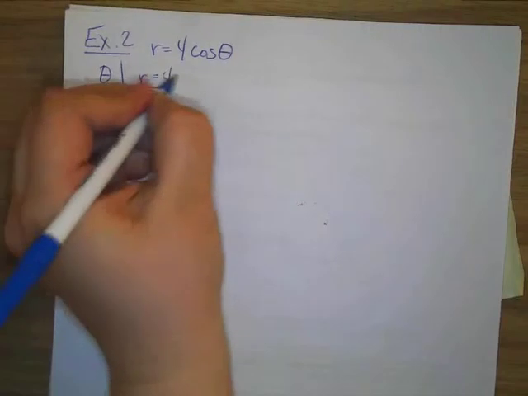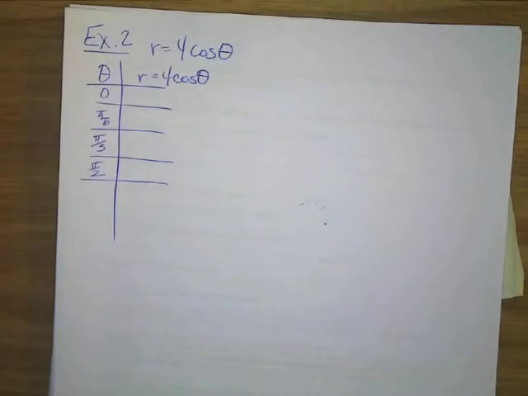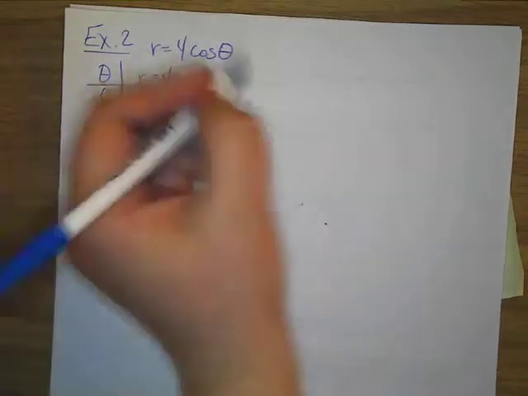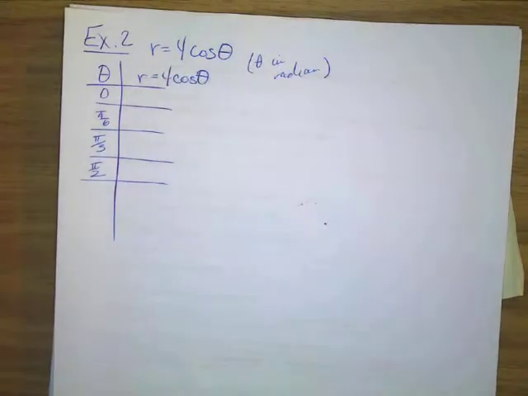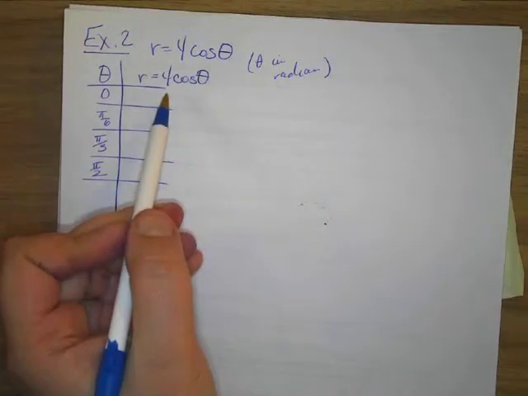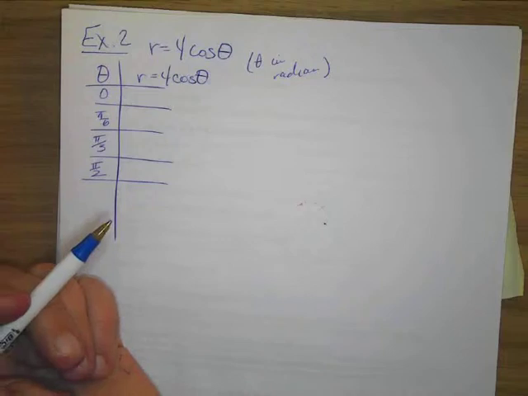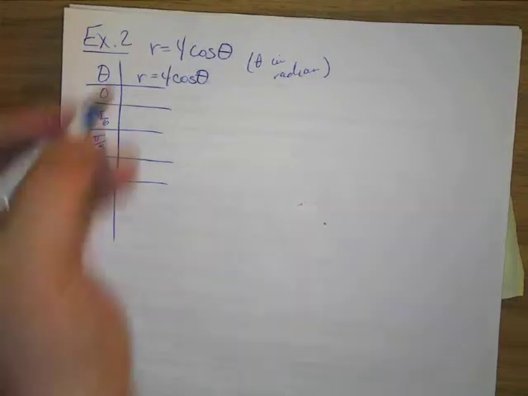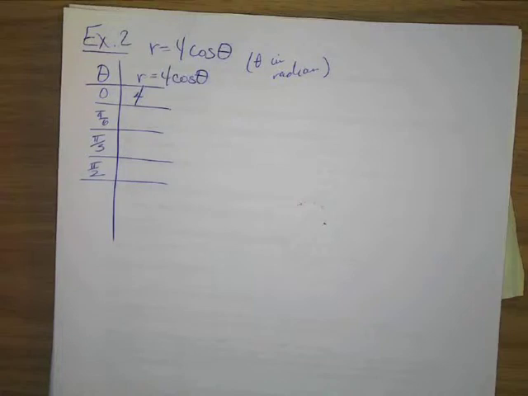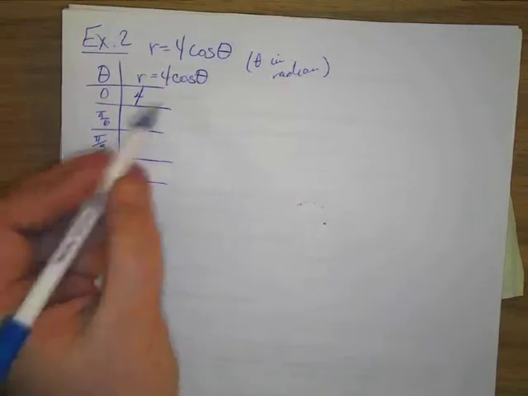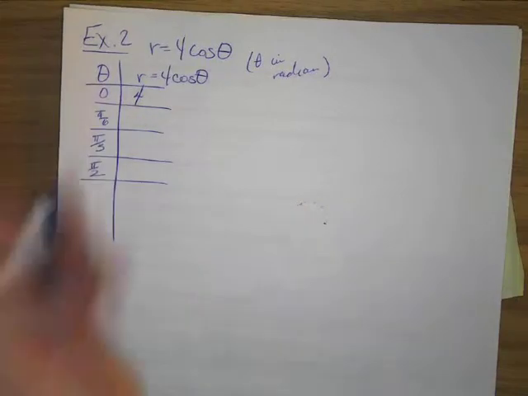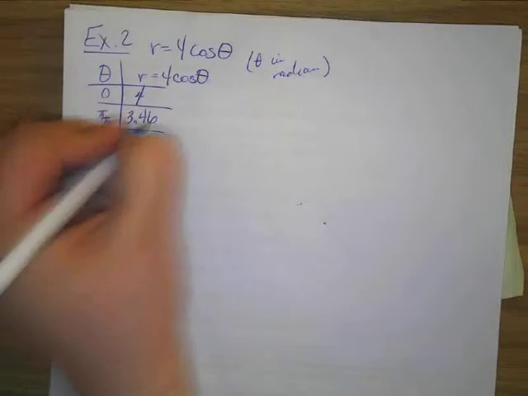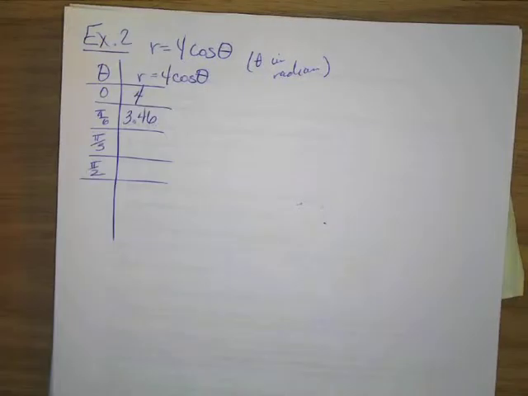Okay. And they told me theta is in radians in the directions. So make sure you're in radian mode. And I am. And really all I'm going to do is write 4 cosine of 0. Well, what's the cosine of 0? 1. 4 times 1 is 4. So in this one, I'm going to write 4. In my calculator, I'm typing 4 cosine pi over 6.